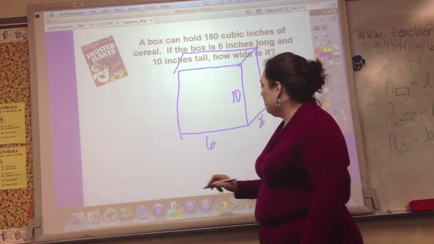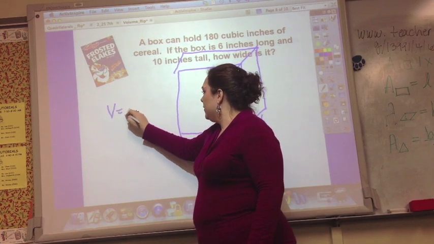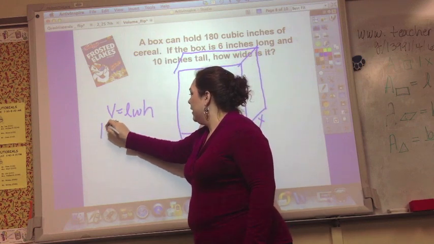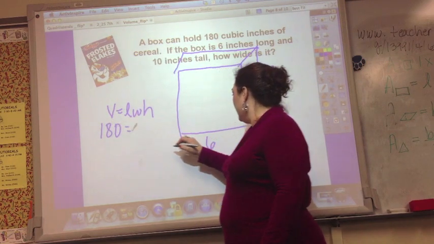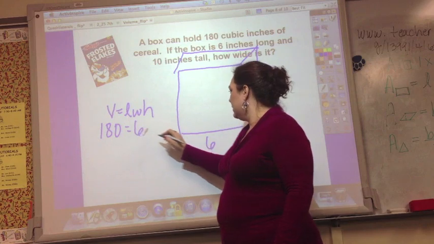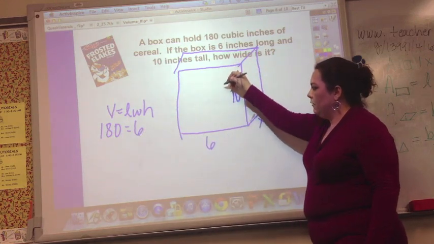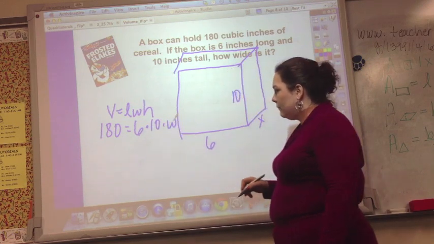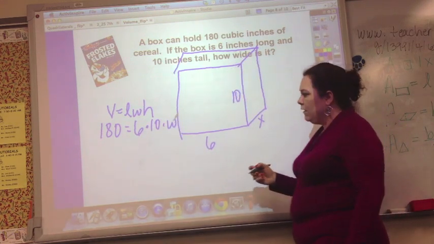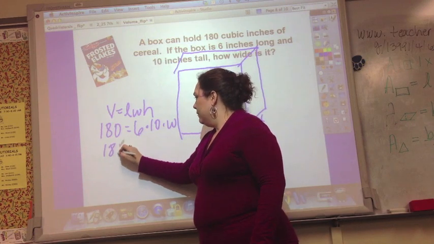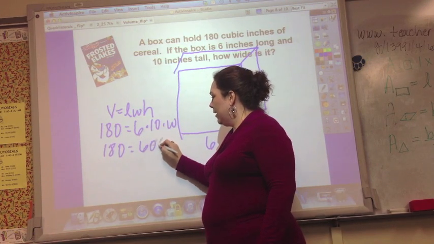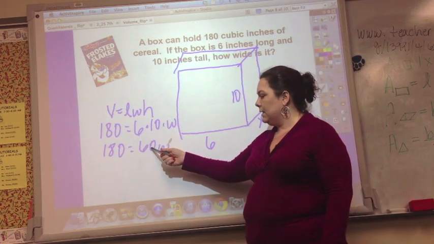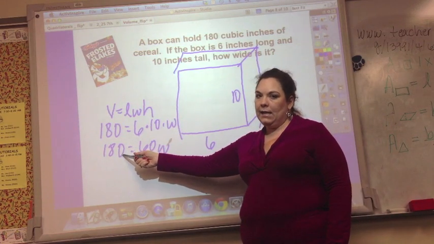And so I start with my formula, volume equals length times width times height, and I put in what I know: 180 equals, I know the length, 6, I don't know the width, but I know the height, times 10 times W. So I've got 180 equals 60 times W. So that's just saying what times 60 is 180.